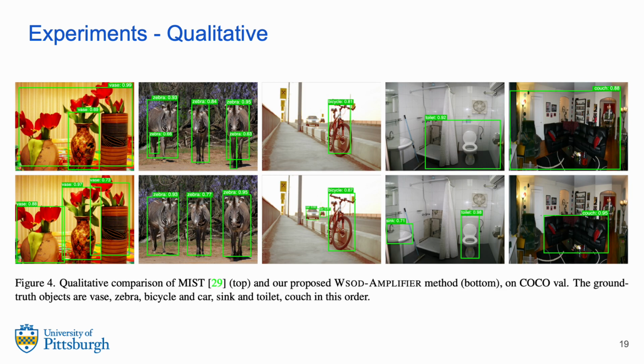We qualitatively compare the state-of-the-art method MIST, located at the top, with our proposed amplifier approach, located below. In the first image, MIST predicts a large bounding box grouping the objects, while our approach predicts the individual vase objects precisely. In the second image, the baseline MIST faces the problem of part domination due to some discriminative part of a zebra.